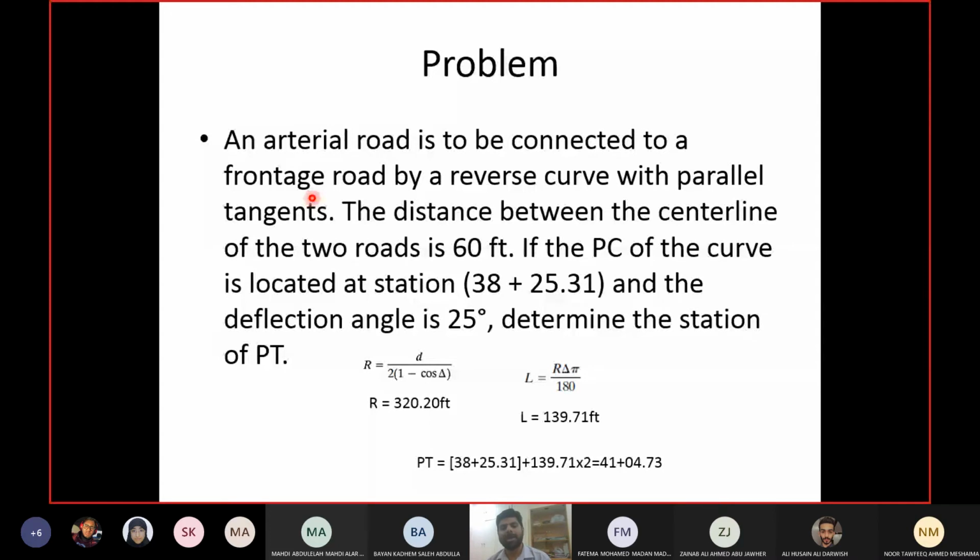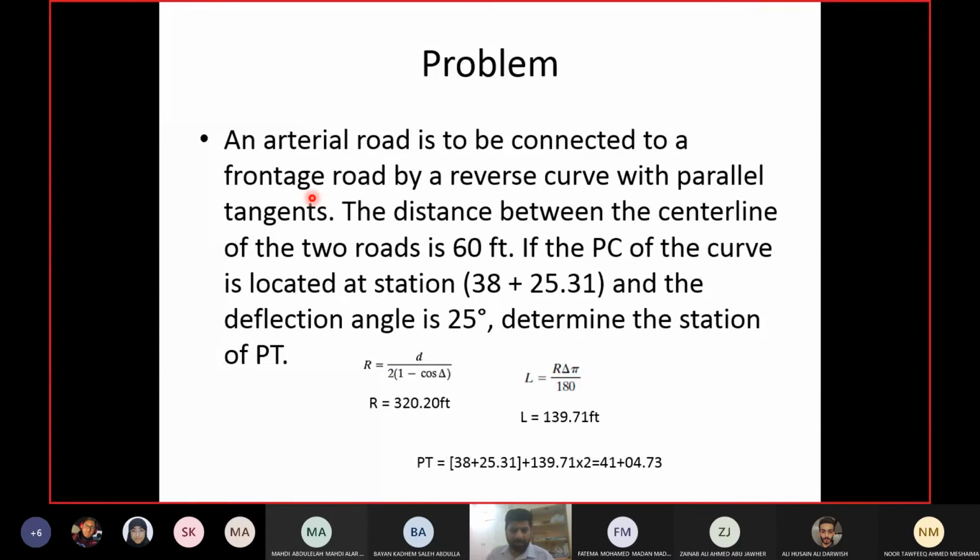Obviously, on roads like Sheikh Khalifa bin Salman Highway or some other big roads, the reverse curves are also very wide. So you do not feel the discomfort. You do not feel the danger. But if you have side roads like we have in Ali as well, I live in Ali, and I think there are side roads in all the other areas too.